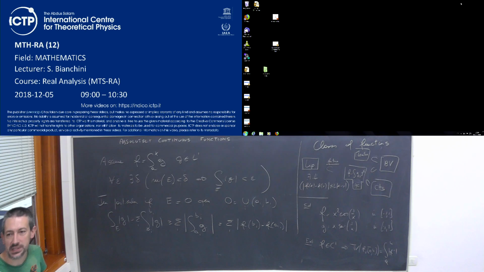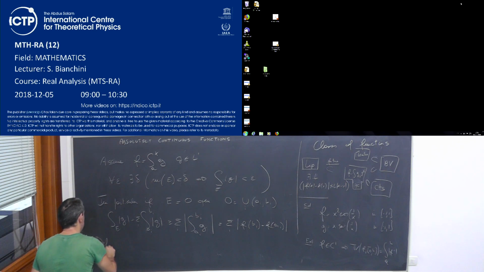So we discover what is the definition of absolutely continuous function. This is a condition that you need to have, and it has not been written earlier. It's not the continuity, no? So now we take it as a definition.